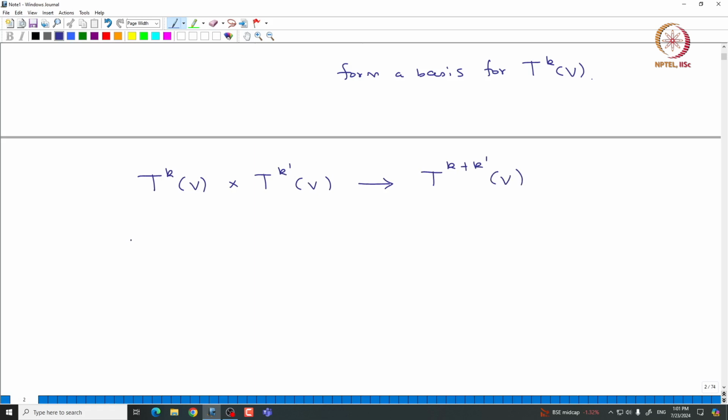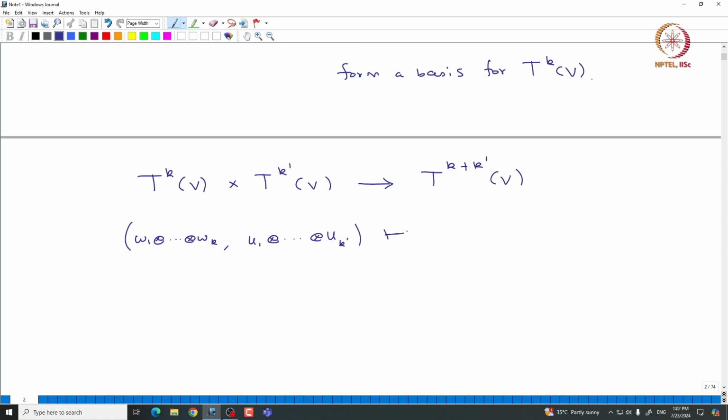This is simply writing one tensor next to the other. This is the juxtaposition product. You take W1 tensor etc. Wk, and then some U1 tensor etc. Uk'. It is enough to define it on the simple tensor products, and then one can linearly extend it to the space.